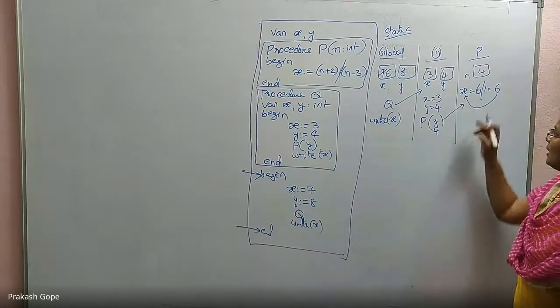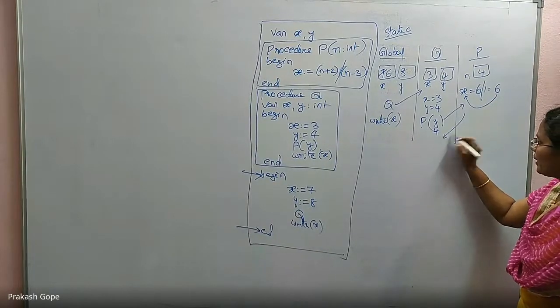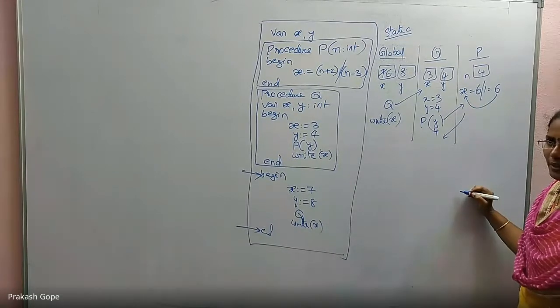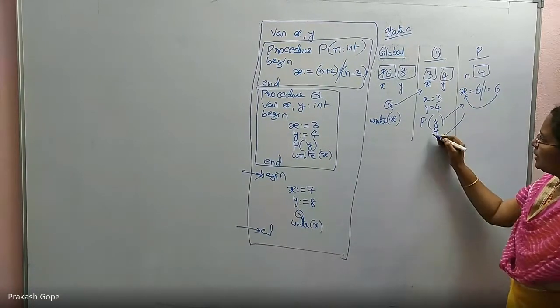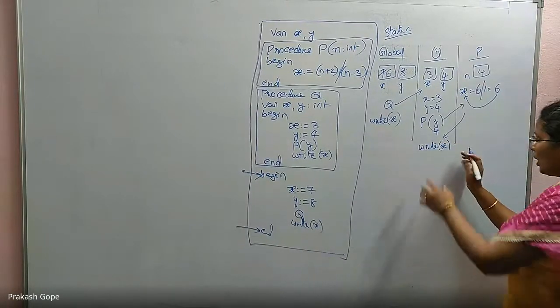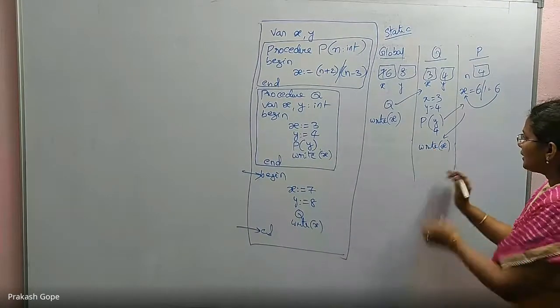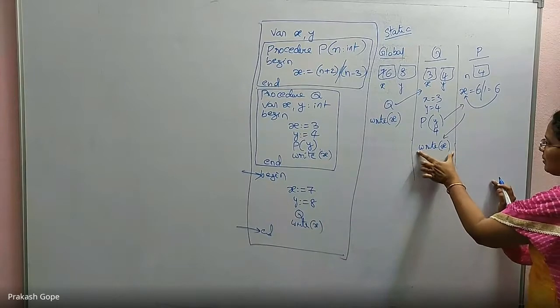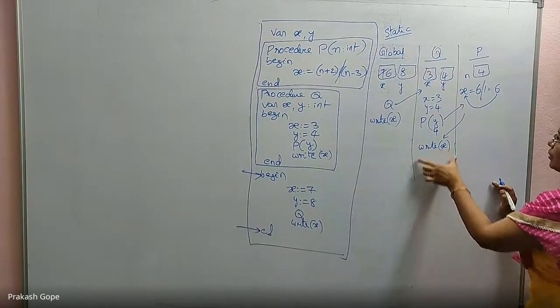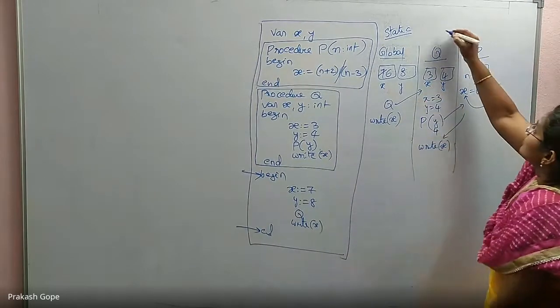Execution completed, go back to the calling environment. Because the jump is from here, I will come back there and continue. Here there is a pending step, write x. This statement is present in Q's environment, so this x will refer to Q's x, that is 3.